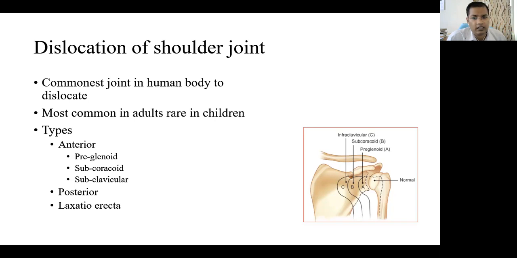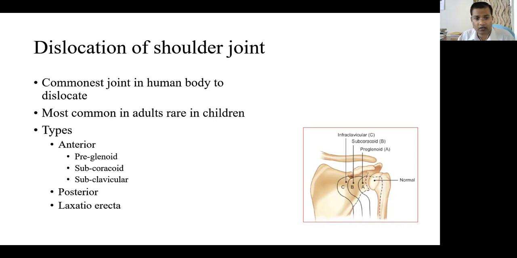In children the weight is very less, so dislocation of the shoulder joint is less common in children, while it is more common in adults, because adults receive different types of trauma. The types of shoulder dislocation, according to the degree and the different positions of dislocation, are classified as anterior dislocation, posterior dislocation, and luxatio erecta.